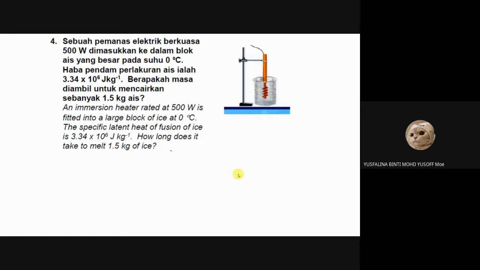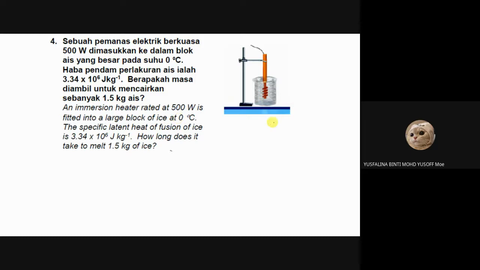Okay, for number 4. It says here the immersion heater rated at 500 watt is fitted into a large block of ice at 0 degrees Celsius. The specific latent heat of fusion is 3.34 times 10 to the power of 6. How long does it take to melt 1.5 kg of ice?